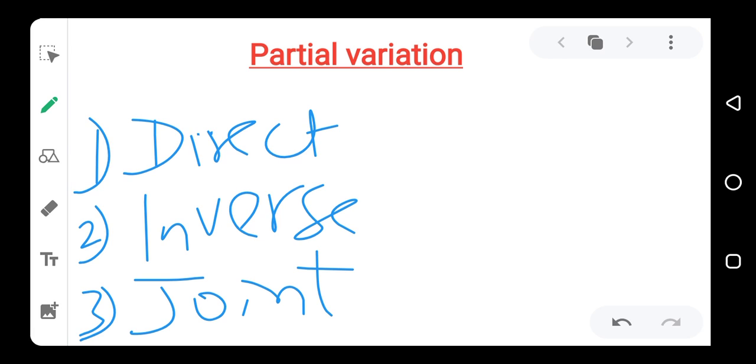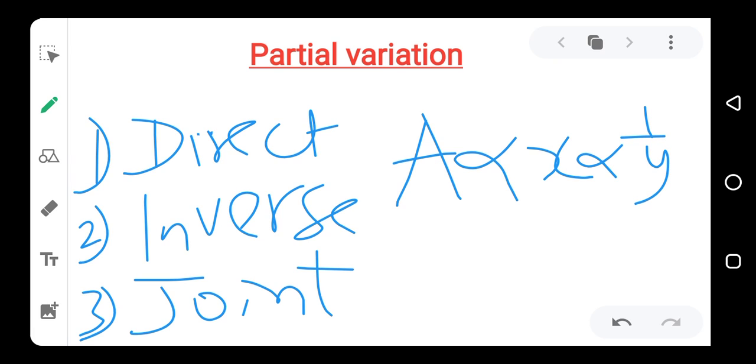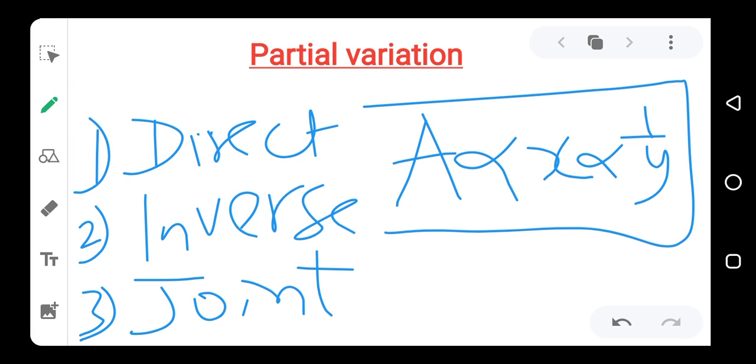So the minimum number of variables we see is 3. Assuming the first one is this A, it will be varying directly as another quantity, let's call it X, and inversely as another quantity, let's call it Y. And we can also have more of it, but for O level, we normally have only two other variables attached to the first variable in joint variation.